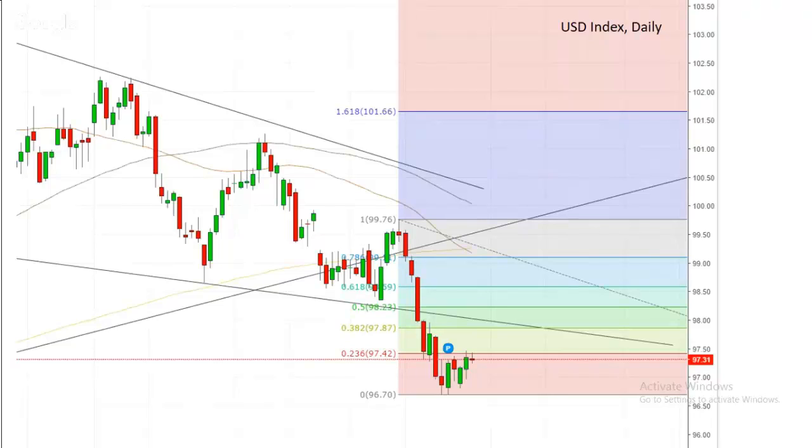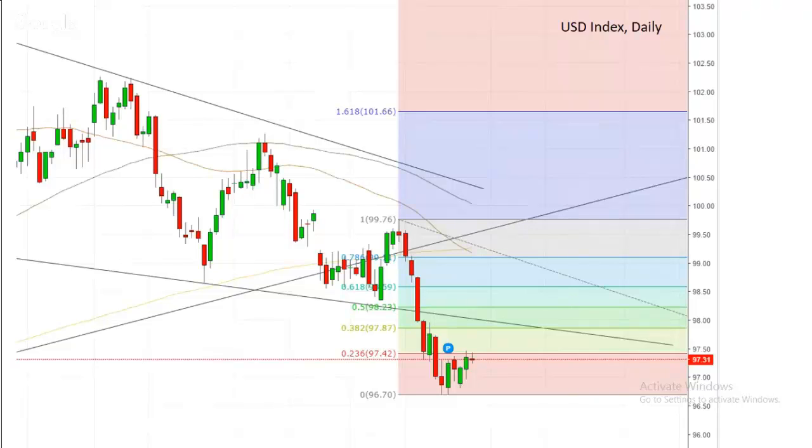So some potential for increase in the US dollar exists, but if the US dollar index is not able to overcome resistance in the area of 97.40, 97.50, then we'll see continuation of consolidation in the region I've mentioned, and on the downside, the lower border of this consolidation range will come into focus, and we'll target levels around 97 and 96.70 for the US dollar index.